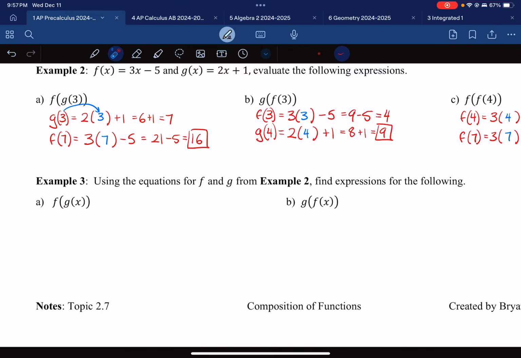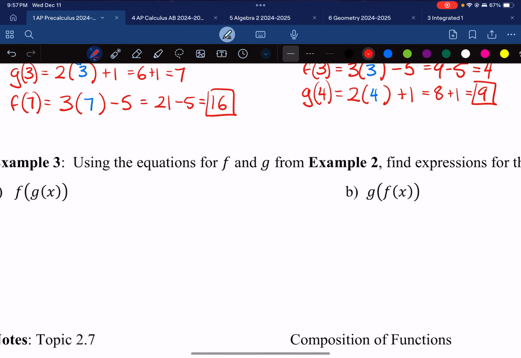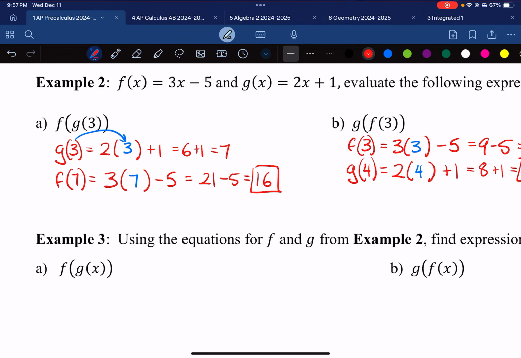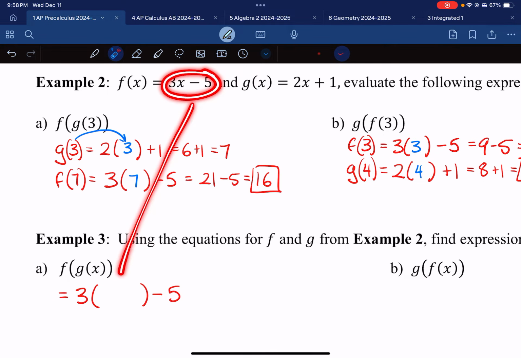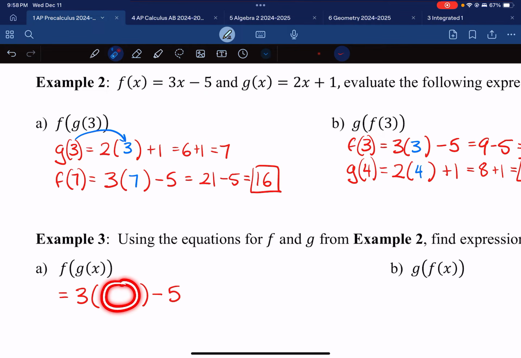So I'm going to rewrite f of x, and I'm going to leave a giant space for the container for f. So I can see everything there. So I'm going to say f of g of x. I'm doing it all at one time. Maybe I don't need to rewrite that. I can just say this is going to be equal to 3x, lots of room, minus 5. I have rewritten 3x minus 5 right here. Guess what goes on the inside?